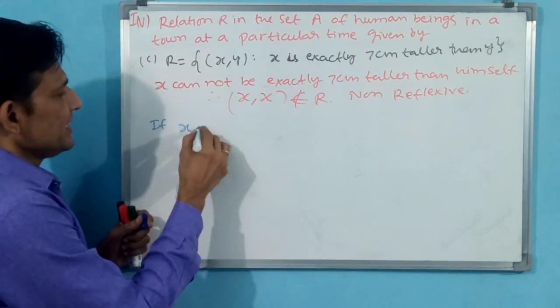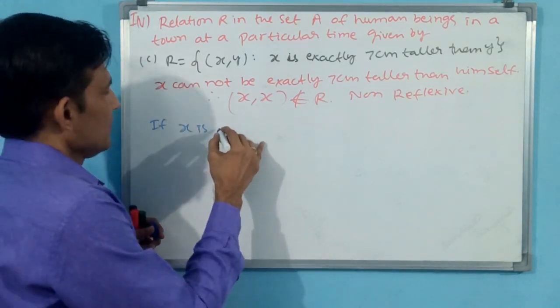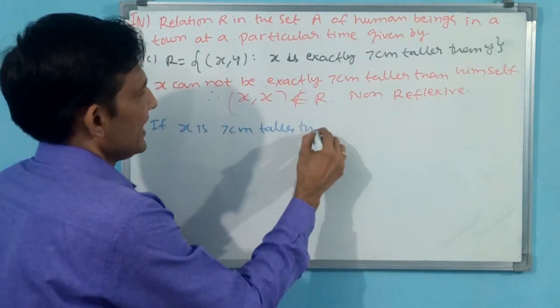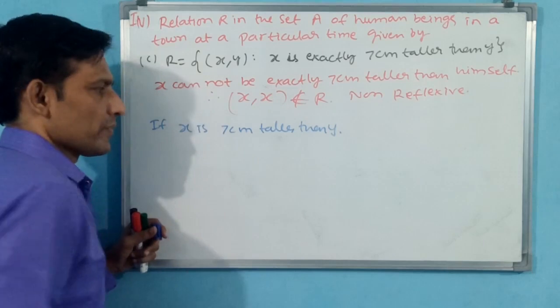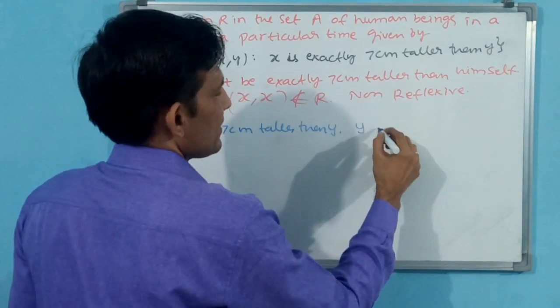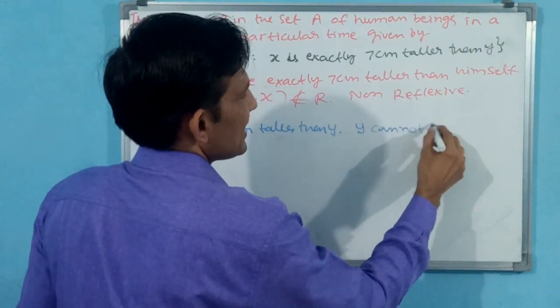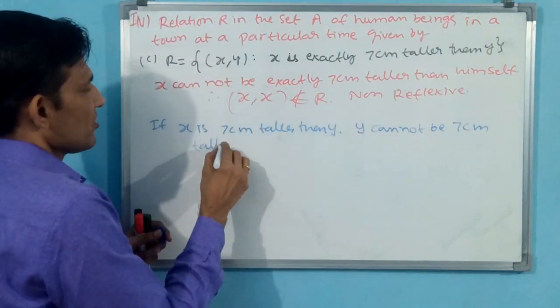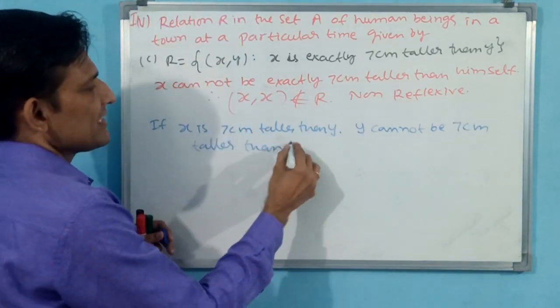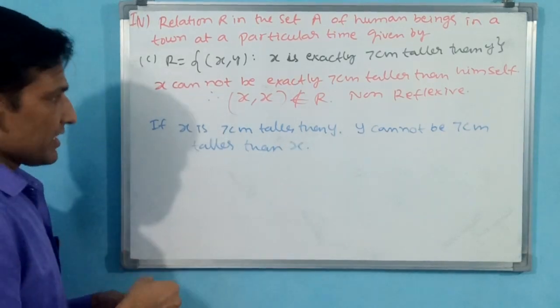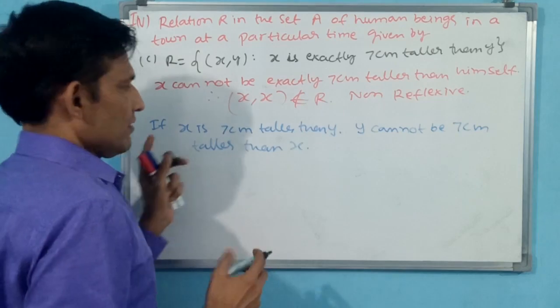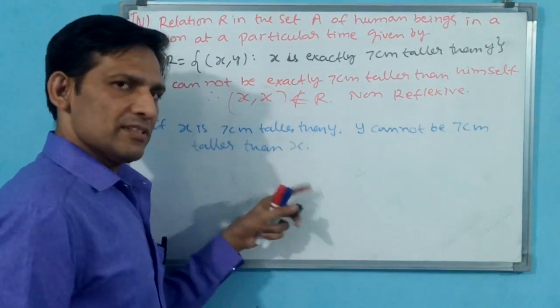If X is 7 centimeter taller than Y, Y cannot be 7 centimeter taller than X. Then therefore this is not symmetric.